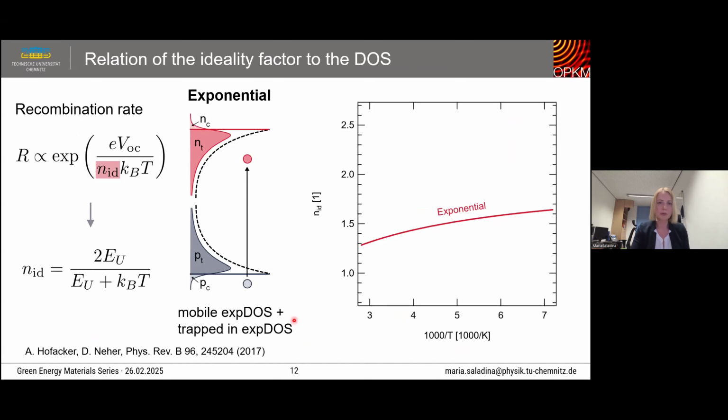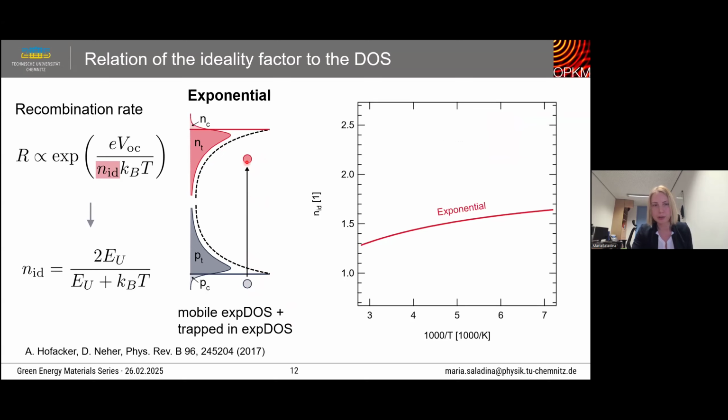So as a background, for example, if we take an exponential density of states, by exponential I mean that both holes and electrons are described by an exponential. Here I will be describing the recombination channel where we have a mobile hole recombining with trapped electrons.